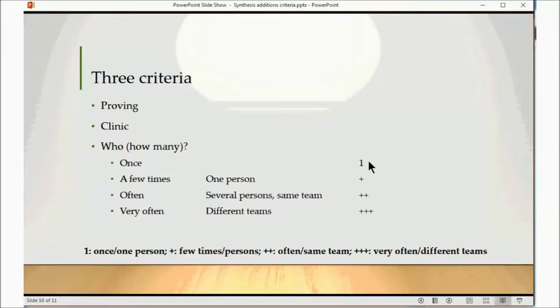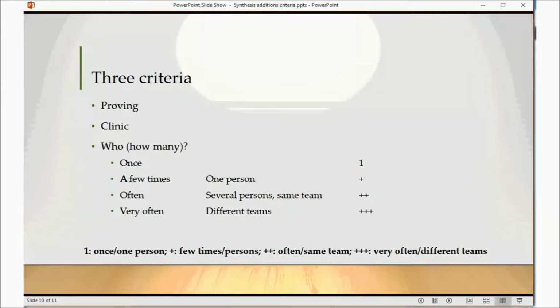One person cured the symptom a few times, meaning several patients, okay? And then we can have several persons who use this remedy and observed it cured a certain symptom. We have 2 pluses. And then one step, the highest level of confirmation, would be that different teams observe the same improvement or the same proving symptoms, if we speak about 2 or 3 provings of the same remedy. Okay?